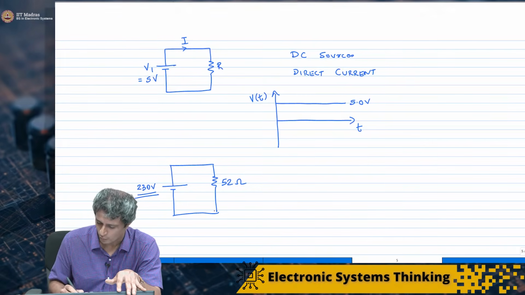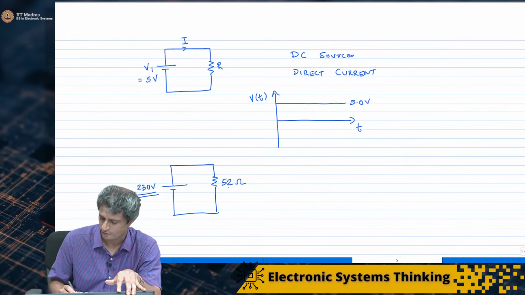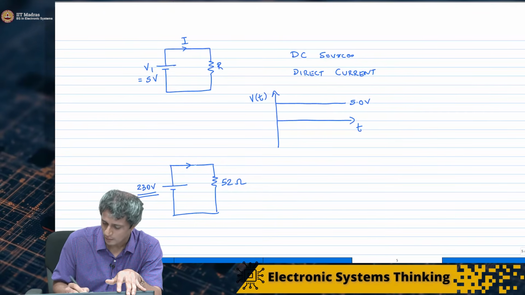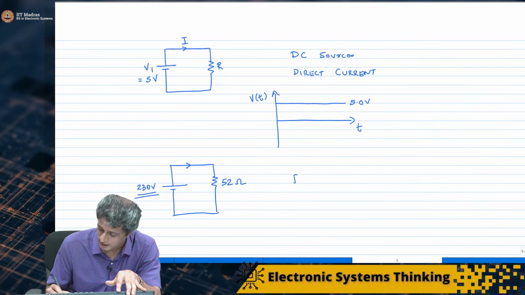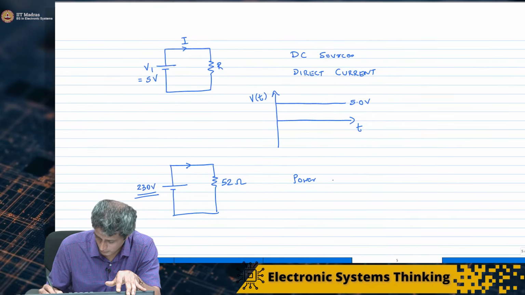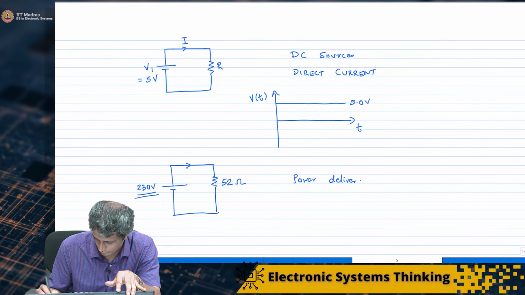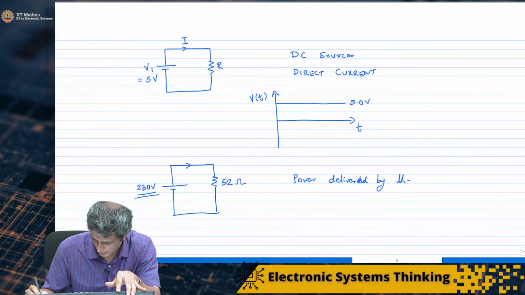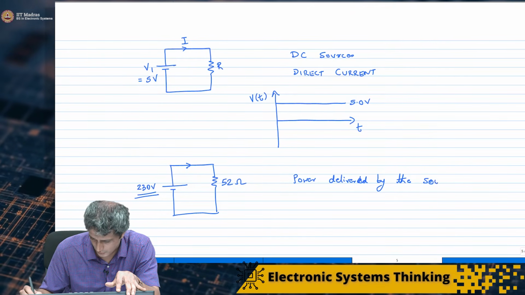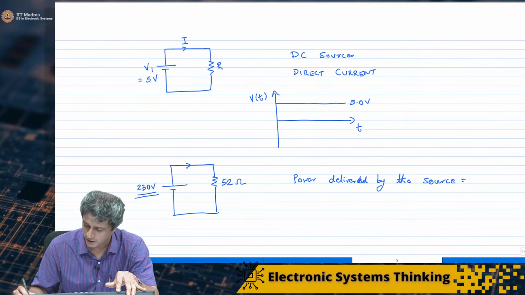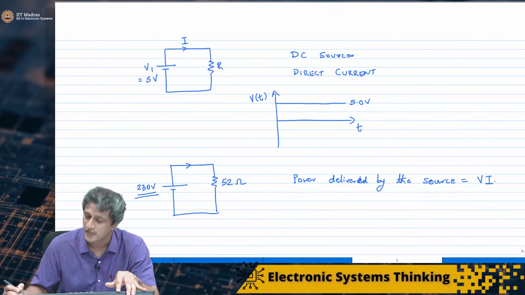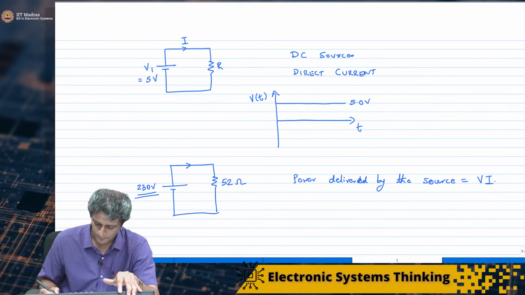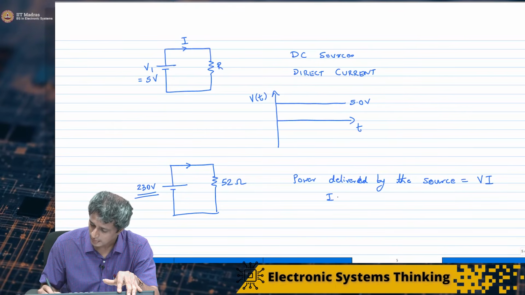So there is a 230 volt source with a 52 ohm resistor, and what we want to know is what is the power delivered by the source. So this we already saw was V into I. Now what is I?